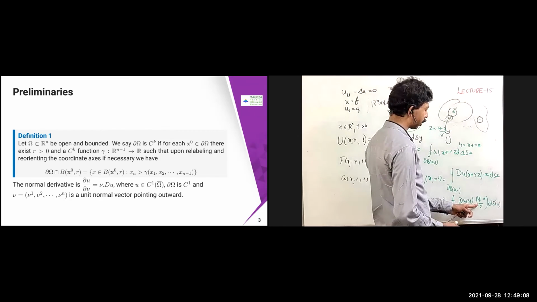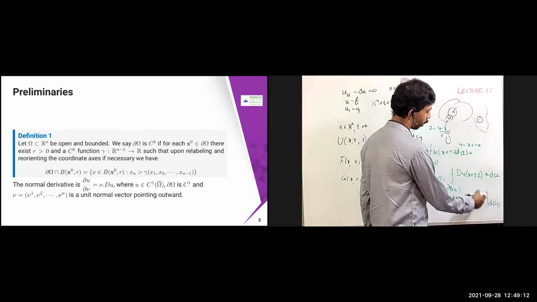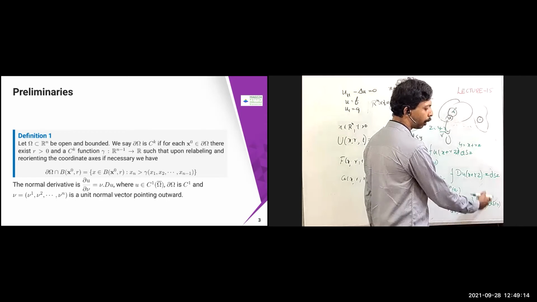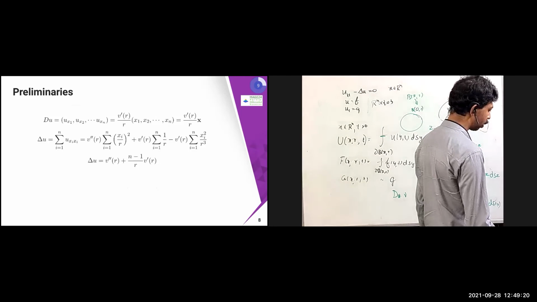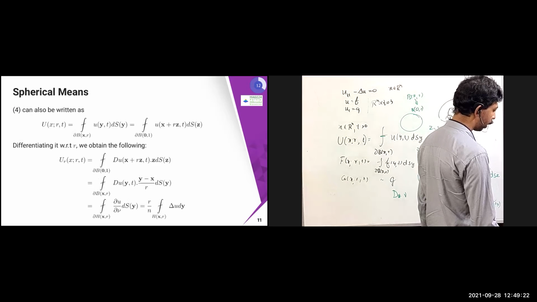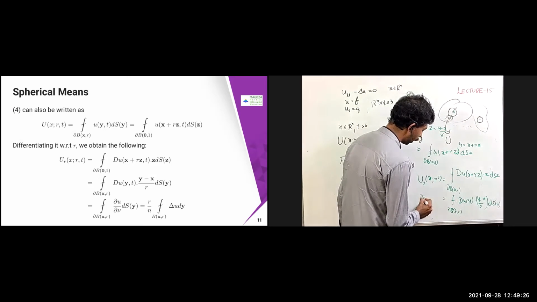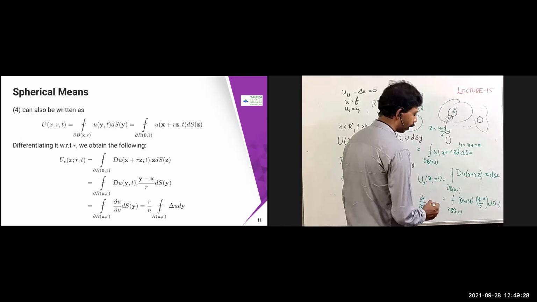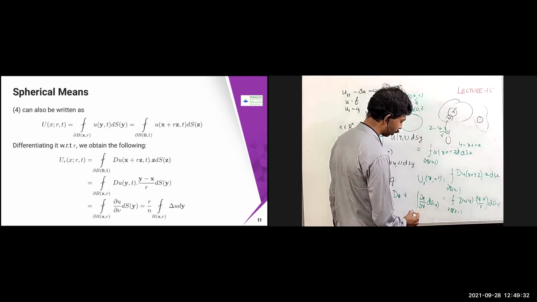If I take y minus x by r, this is going to be the normal, sorry, not the tangent, the normal is going to come here. ν is the normal. So y minus x by r is the normal. Therefore, I can rewrite this one as ∂u/∂ν dS_y over ∂B of x comma r.